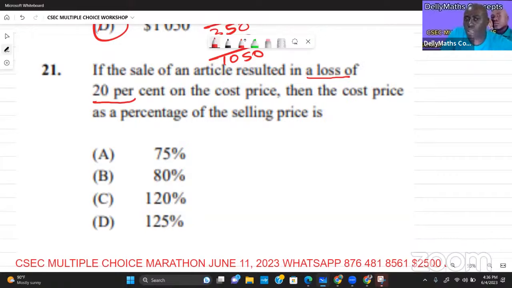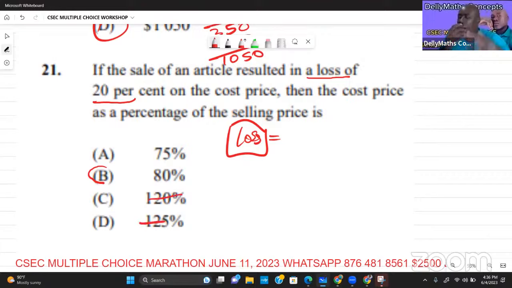So you're looking at a loss. Normally you work out your loss and you work your thing out. But for this, the cost price is way less than the selling price now. They want you to write the cost price as a percentage of the selling price. It cannot be over 100.